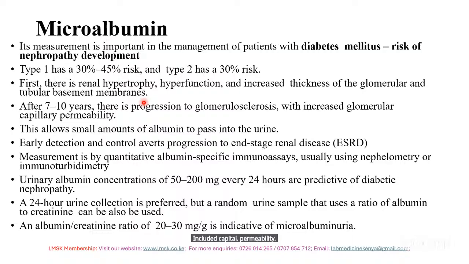Microalbumin is just small amounts, not small molecules, of albumin in urine. So this permeability allows that albumin to seep into the filtrate, and it can now be detected in the urine. Early detection helps control adverse progression to end-stage renal disease, or ESRD.